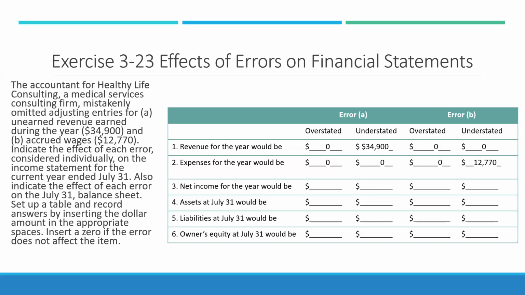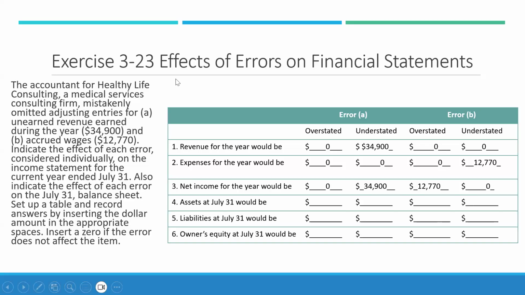Okay. What about net income for the year? If we forgot to include the 34.9, that understates our net income by 34.9 minus our salaries, right? The 12,770.